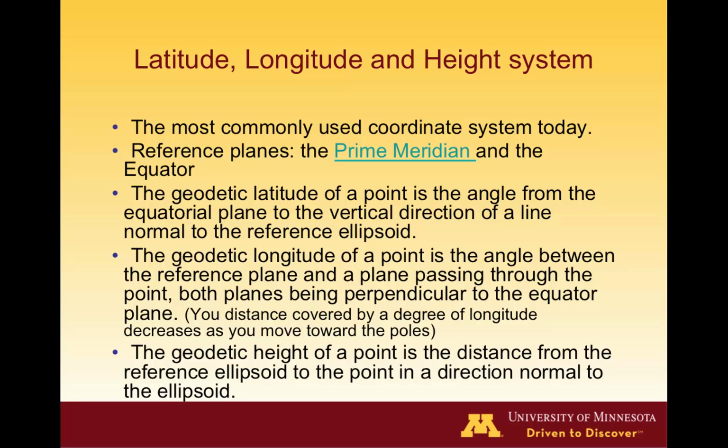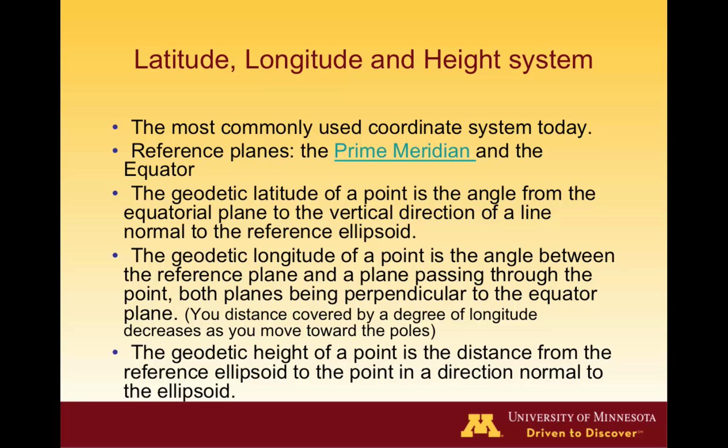The distance covered by a degree of longitude decreases as you move toward the poles. This is easy to understand because the circles parallel to the equator become smaller as you approach the poles.